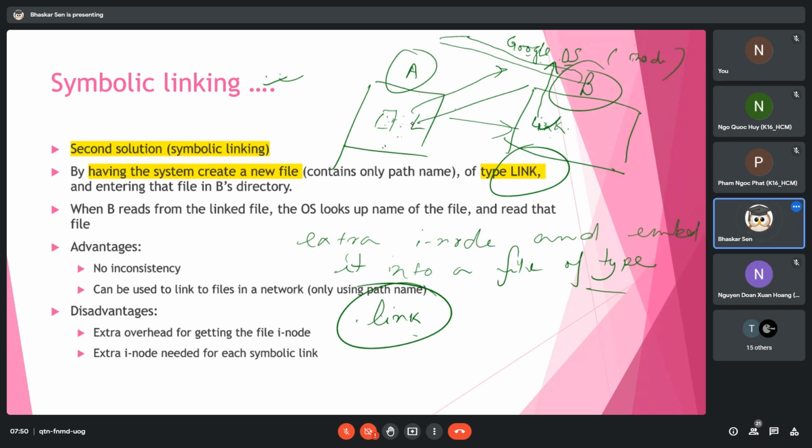The OS, or rather the file system inside the Google operating system, will read the embedded inode from the link and will make a copy of this file, because with that inode it knows exactly for which file it created the inode, and will create a copy of that inode and will open it in Mr. B's directory. Is that clear?